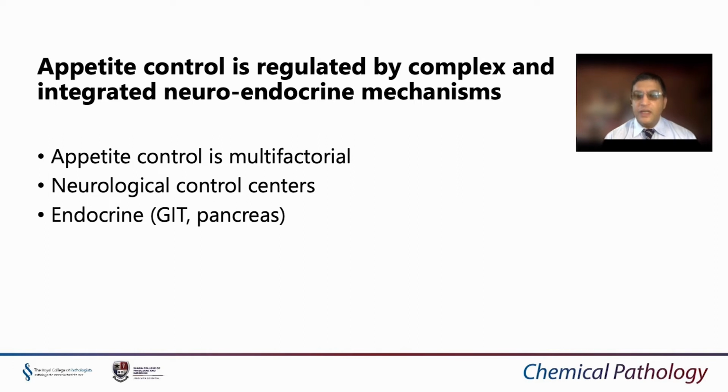Appetite control is key to obesity. Appetite control is regulated by complex neuroendocrine mechanisms. These inputs into appetite are multifactorial: neurological control centers in the brain, coupled to endocrine signals, both from the gastrointestinal tract and the pancreas, provide a complicated neuroendocrine mechanism for controlling appetite.